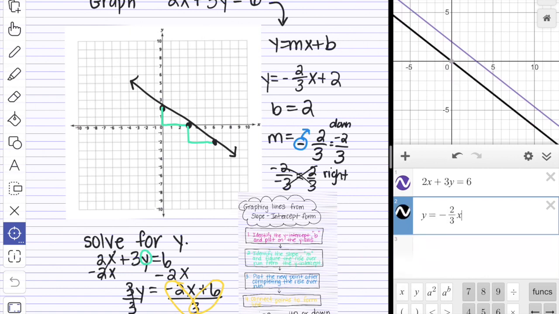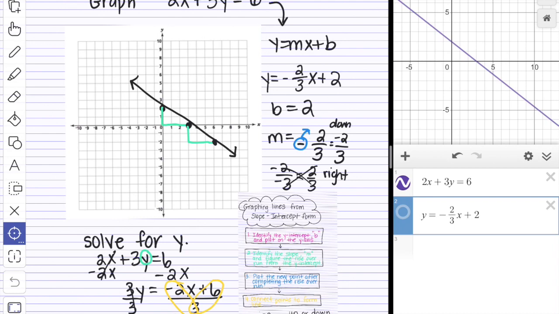Make sure I get that cursor out of the denominator, x plus 2. And I should see the exact same graph. I mean, because it is the same line. If I click the color on the actual Desmos, I can see it turn off and on, that they're on top of each other. And again, that's just a way to check yourself with your graphing.